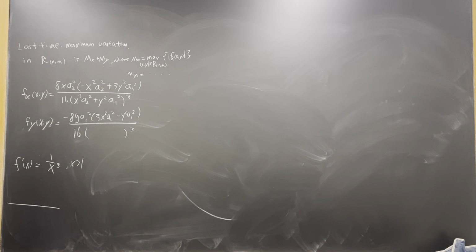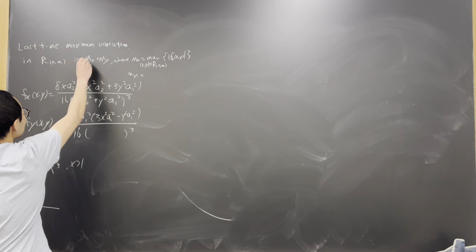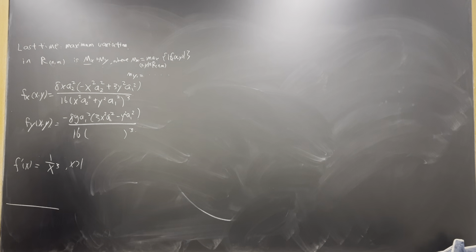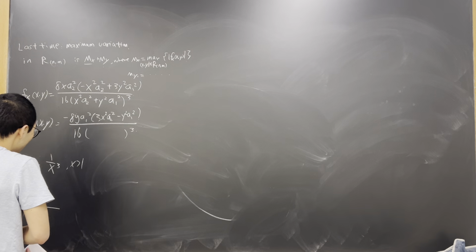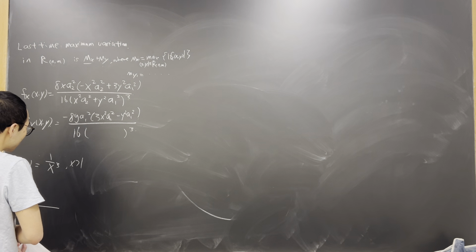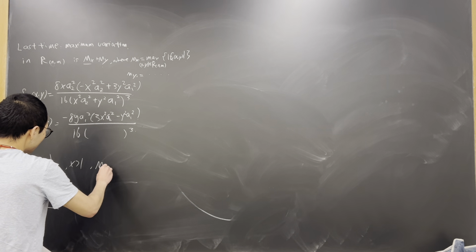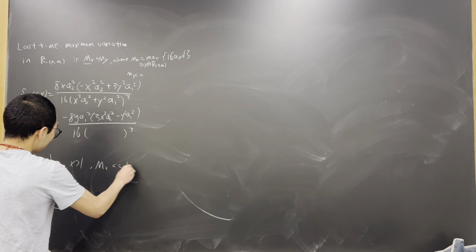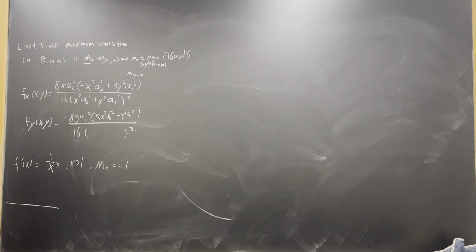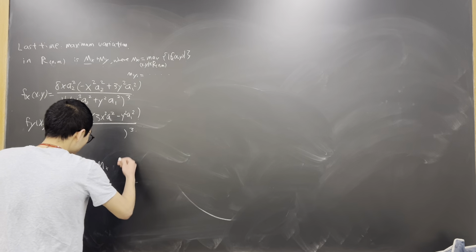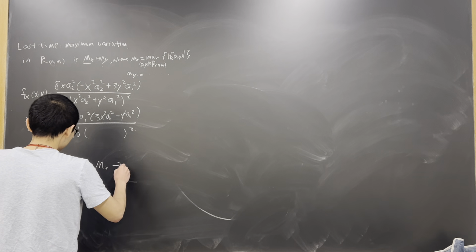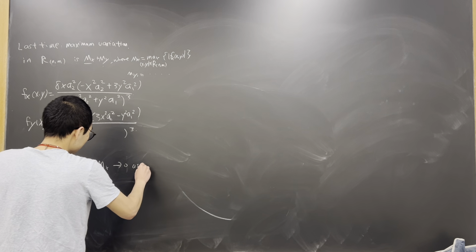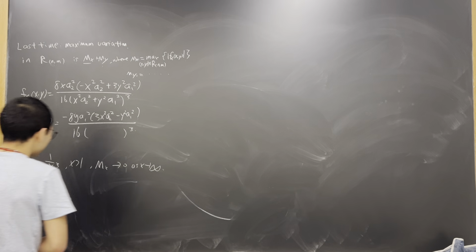So here we just think about this as m, mx, and this derivative value is getting smaller and smaller. Let's say it goes to 0 as x goes to infinity.